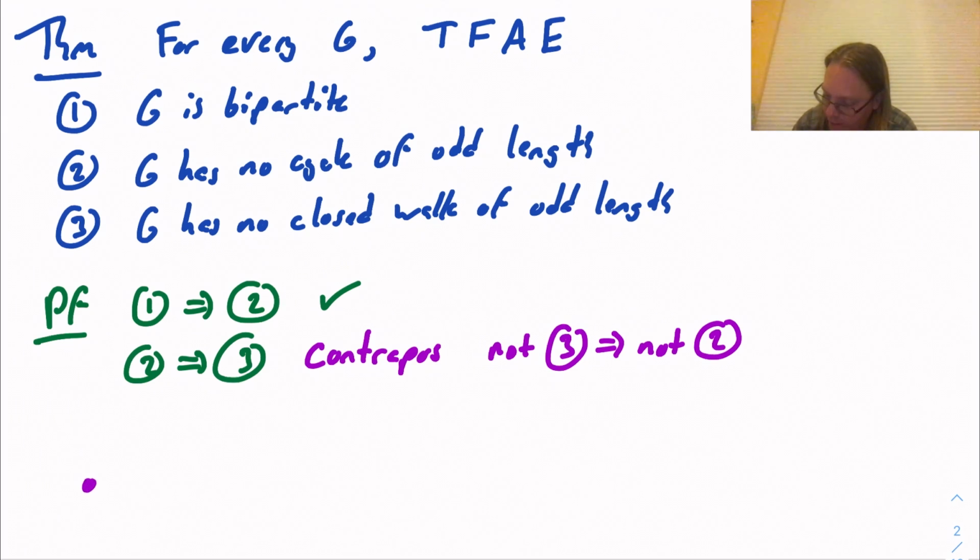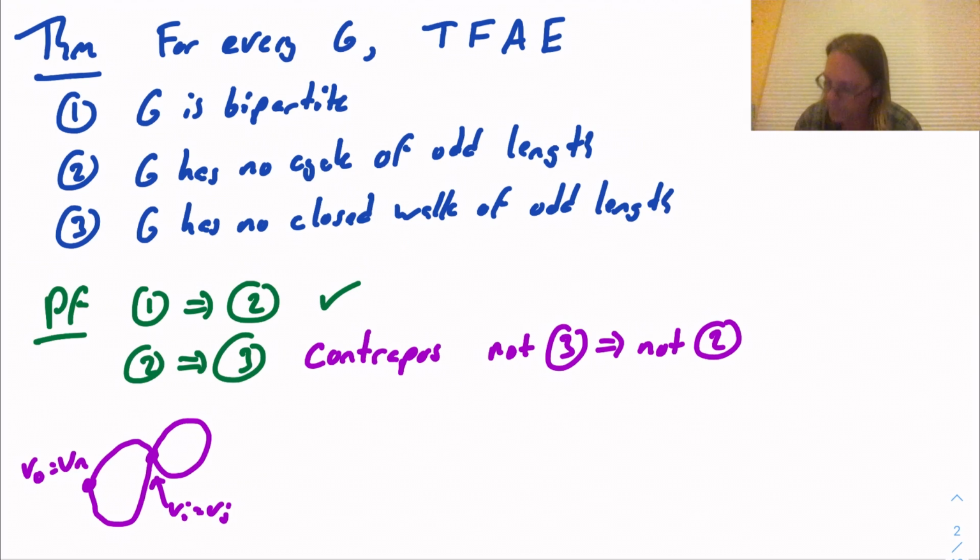So here's maybe a walk that starts here. Let's do the easiest case. There you are. So this might be vertex V0 equals Vn, and this might be vertex Vi equals Vj. So there we are. So I'm looking at a walk here.